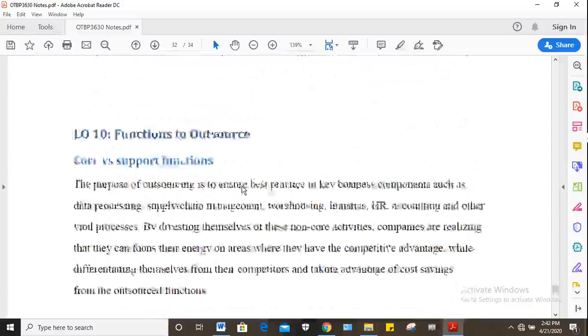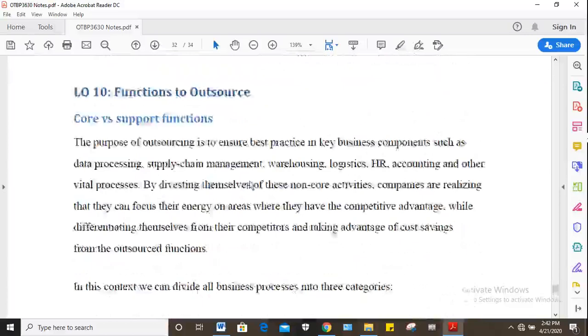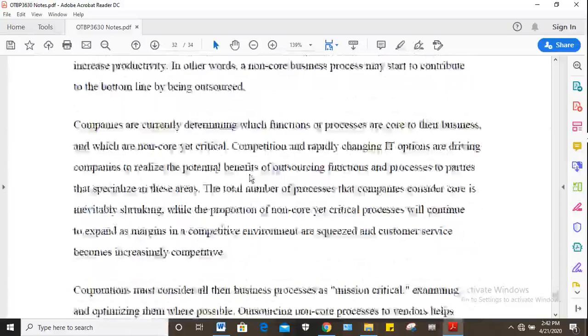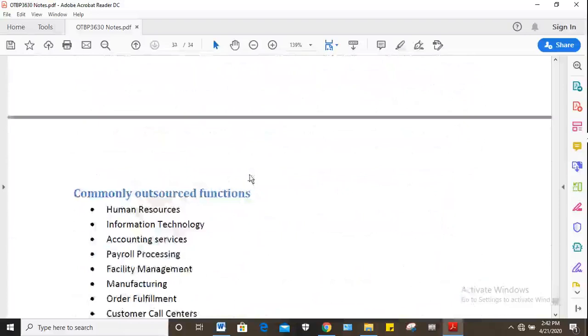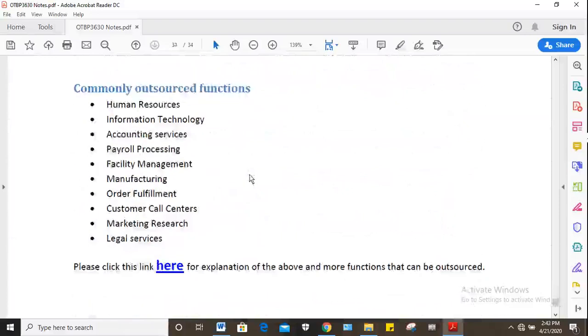This learning outcome focuses on those distinctions, and I gave you an explanation of some of the commonly outsourced functions, but like I said, this varies from business to business. So you would need to look at human resources, information technology or IT, accounting services, all those things, up until legal services, marketing research and all that. But they will vary from business to business.